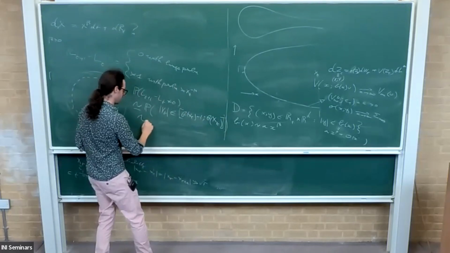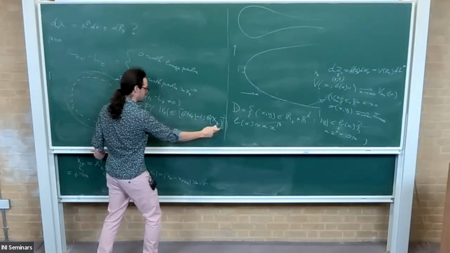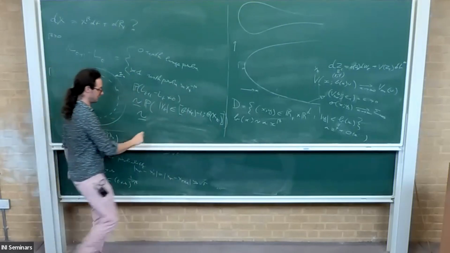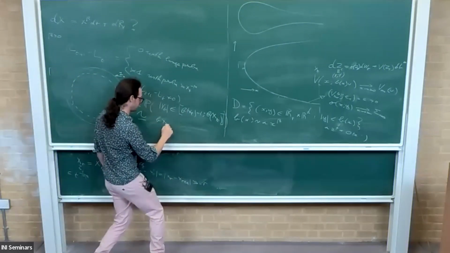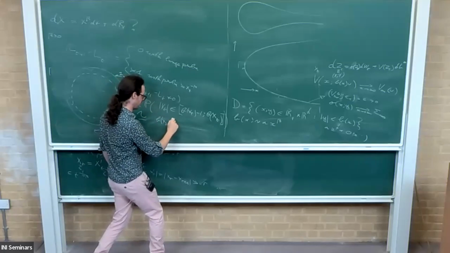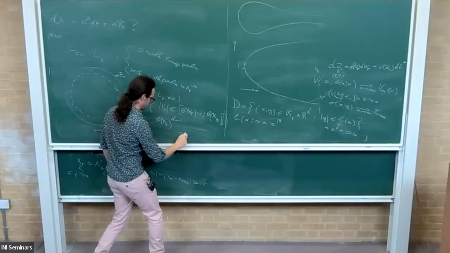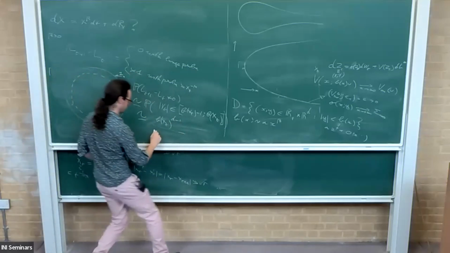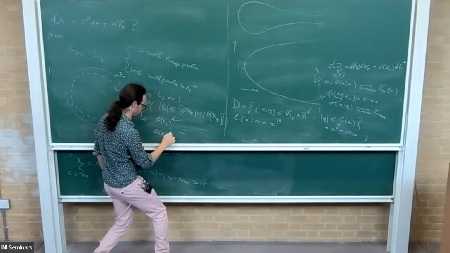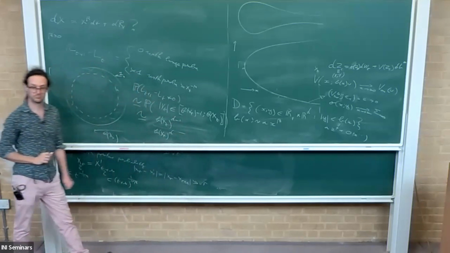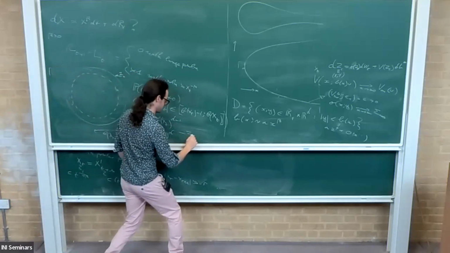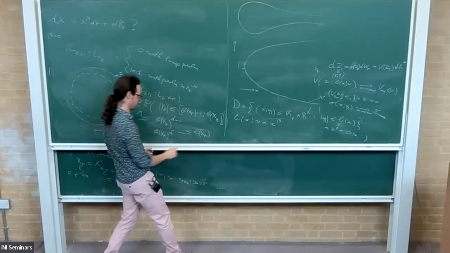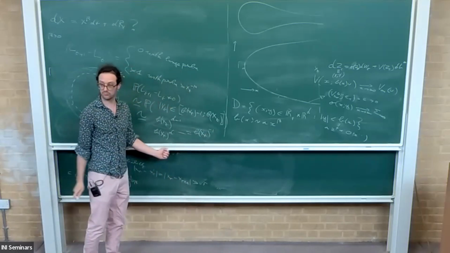And I'm saying this is roughly the area of that set divided by the area of the ball. The area of that set is B of XT to the power D minus 1 times some constant. And the area of the ball is B of XT to the power D. So this is about 1 over B of XT.